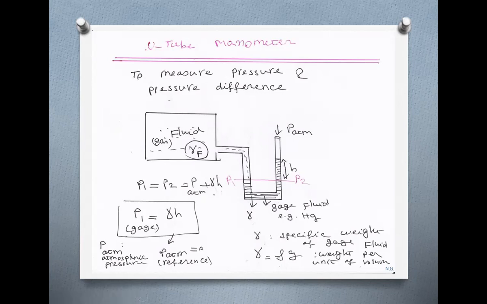And usually it is mercury, because among all of the liquids, mercury has the highest density. So we use mercury, Hg. That's called gauge fluid. And one end of the U-tube is open to the atmosphere. The other end you connect to the container that you want to measure the pressure of.